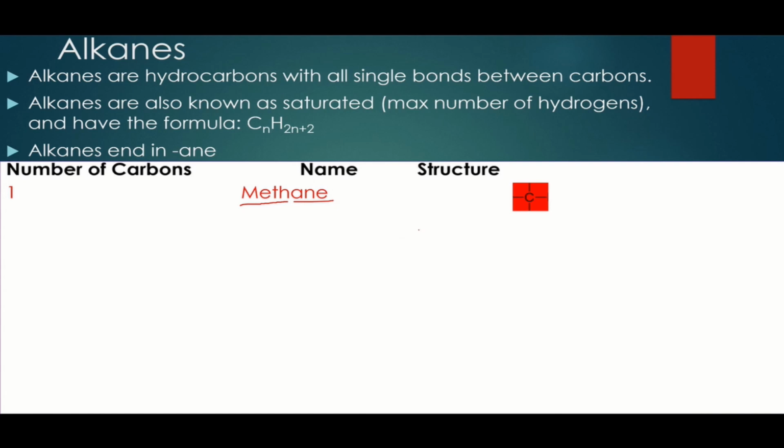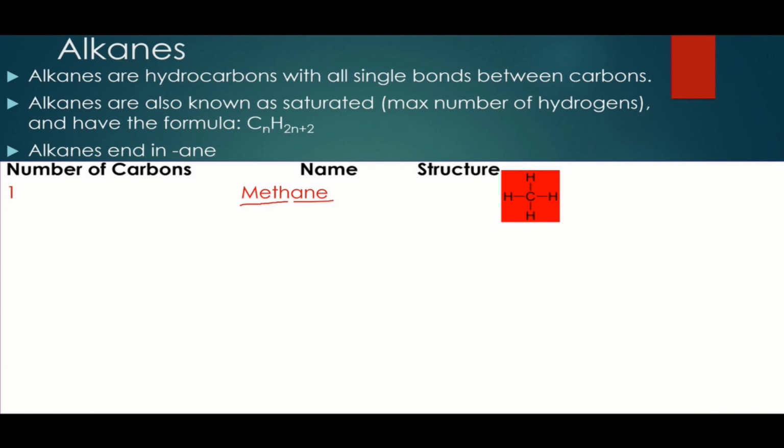When we draw the structure, I always like to start with the number of carbons. So again, the meth part tells us that we have 1 carbon. Now we also know that every carbon is going to make 4 bonds. So there's my 4 bonds. Since I only have 1 carbon, I want to now fill up those empty bonds with hydrogens. So there we go.